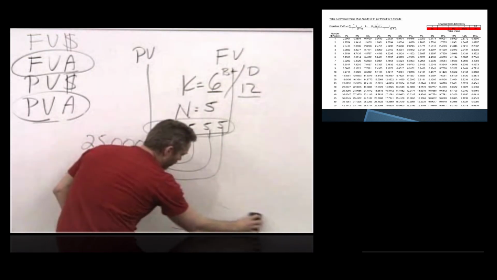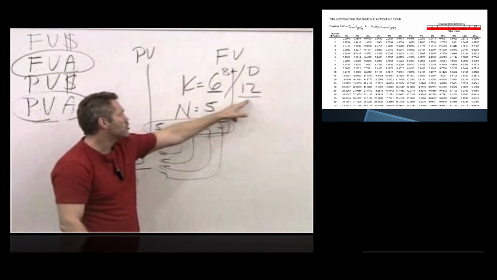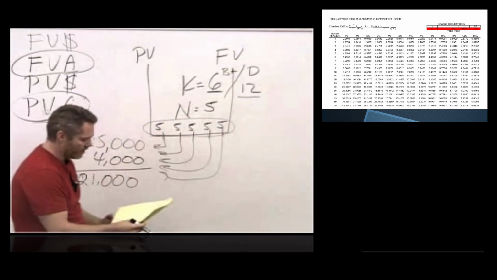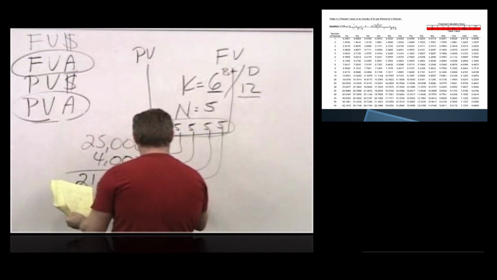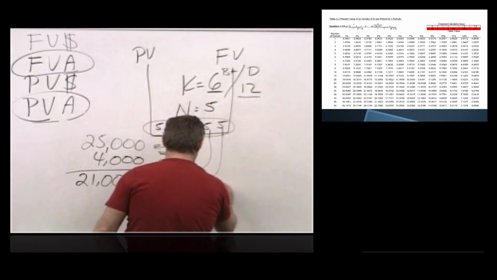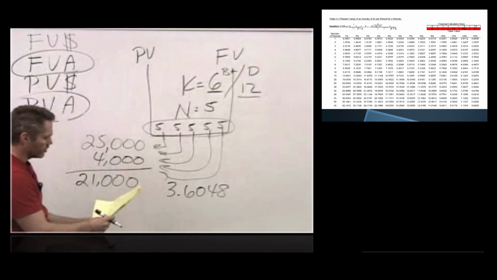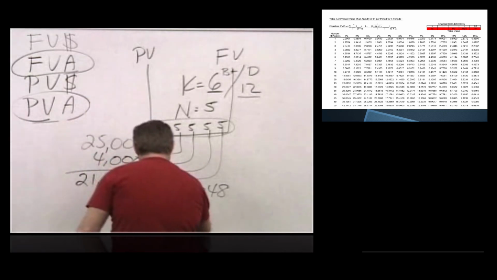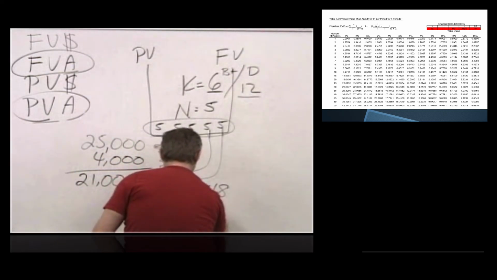So we're going to go to present value of an annuity chart. K equals 12, N equals 5. We look up that number, and that factor is 3.6048. We multiply those across, and we get a value of 18,024.